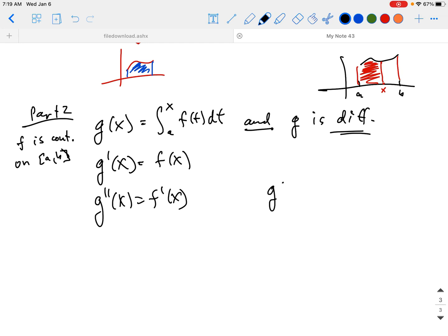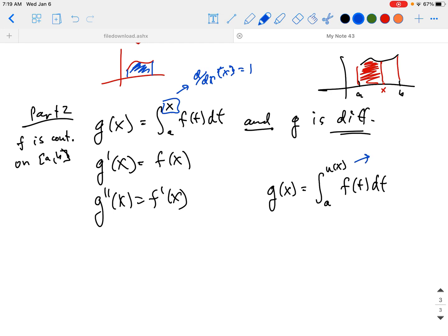And I'll just note in general, if we have something a little bit more complicated than just x, right? Because note the derivative of x is just 1.